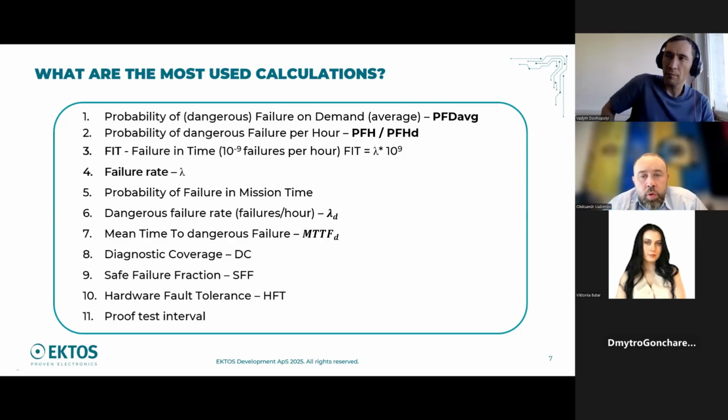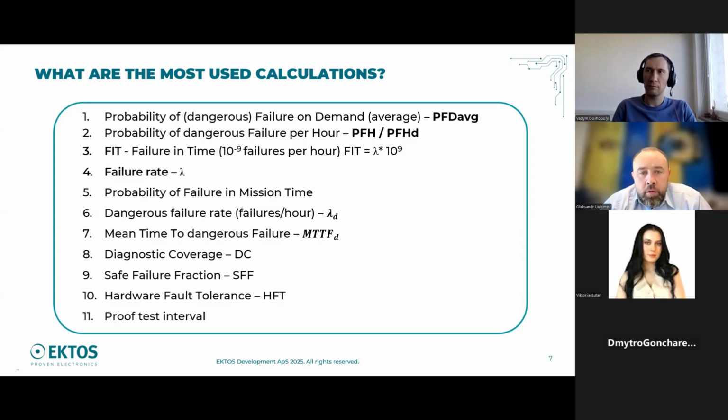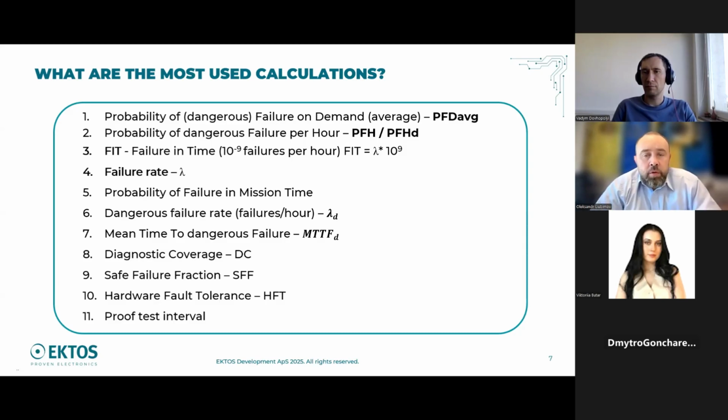These are the two major ones used to defend your safety case. Then, to start with, you have failure in time, which is normally based on the failure rate, well known as the lambda variable. That's what you normally base your calculations on.